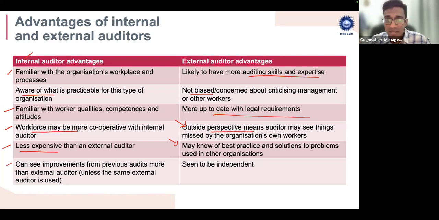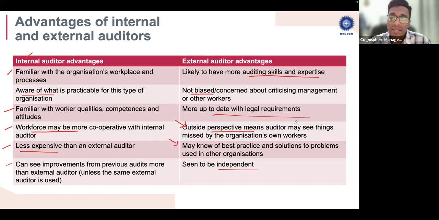So likewise, the advantage of an external could be a limitation for an internal. Okay. For instance, here, external, they have more audit skills and expertise, which could be a limitation for an internal audit where they may not possess audit skills and the expertise. Okay. Here, independent, whereas the limitation for internal audit, they are not independent, they may be influenced by the management decisions.